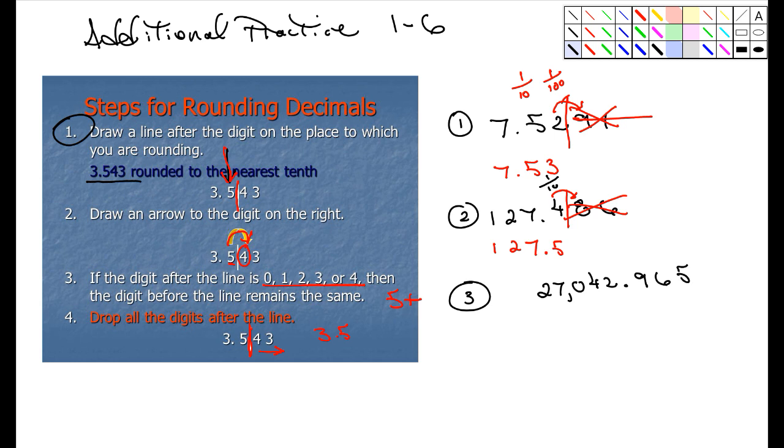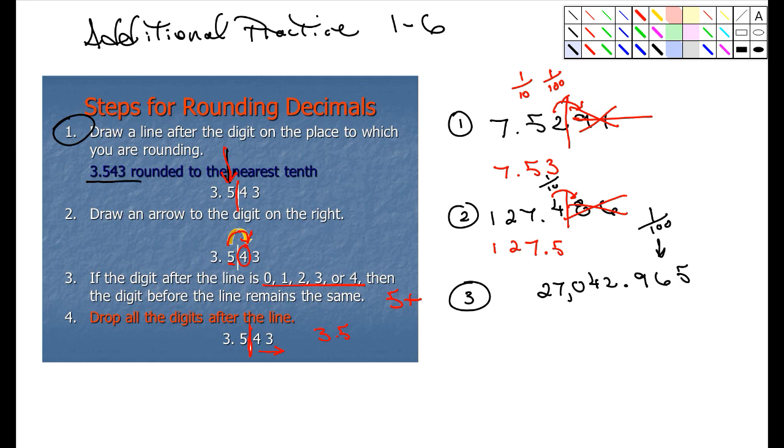I said round to the nearest 100th place. Okay, the nearest 100th place. Where's the 100th place? Right there. So let's see who does this one on the video, and you'll get group points. I'll pull sticks and see if somebody answered that one. I'm not going to do it. I'll let you guys figure that one out.